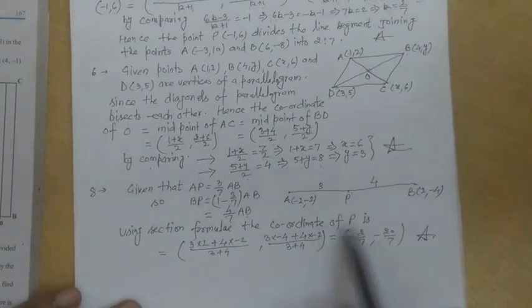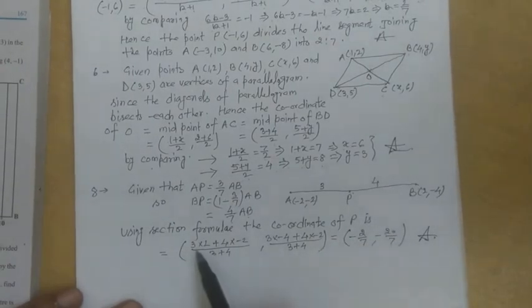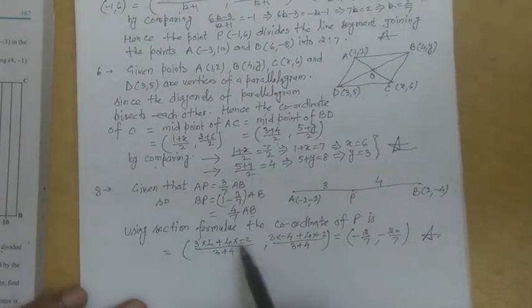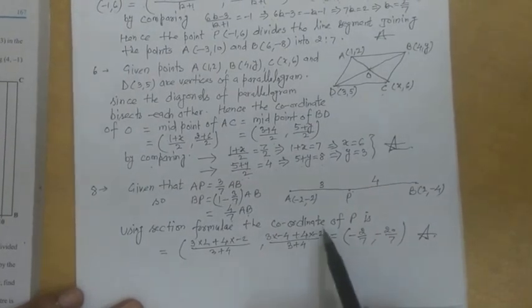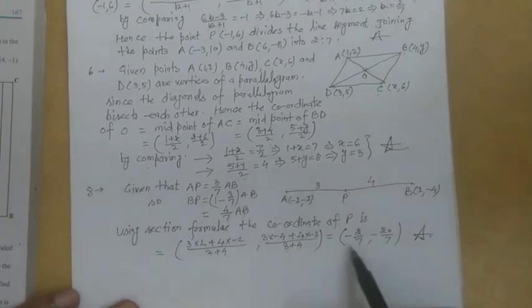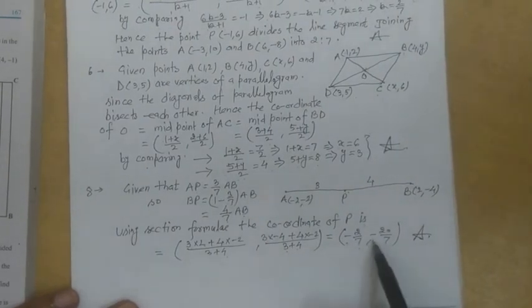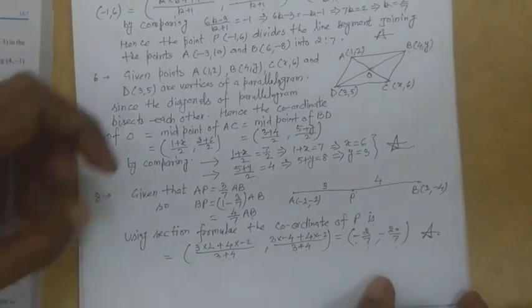Now using the section formula, the coordinates of P are (3 multiplied by 2 plus 4 multiplied by -2) upon (3 plus 4), and (3 multiplied by -4 plus 4 multiplied by -2) upon (3 plus 4). Then it will be -2 upon 7 and -20 upon 7. That is the answer.